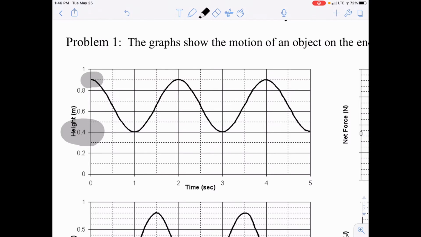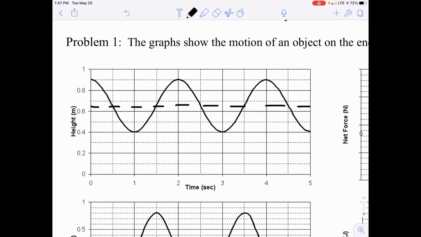The distance from the highest to the lowest point is 0.5 meters. Half of that would be 0.25 meters. So if we go 0.4 plus 0.25, we get 0.65. So 0.65 would represent the equilibrium position all the way across.